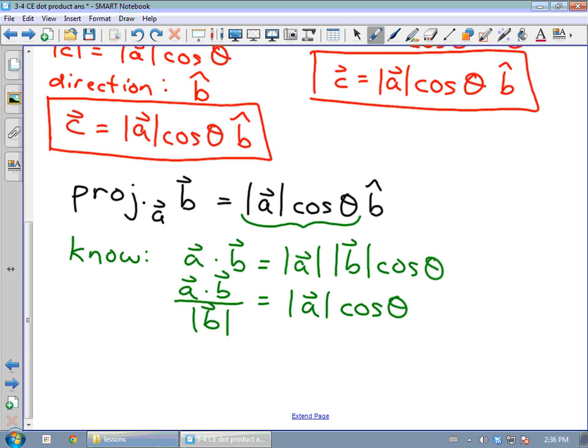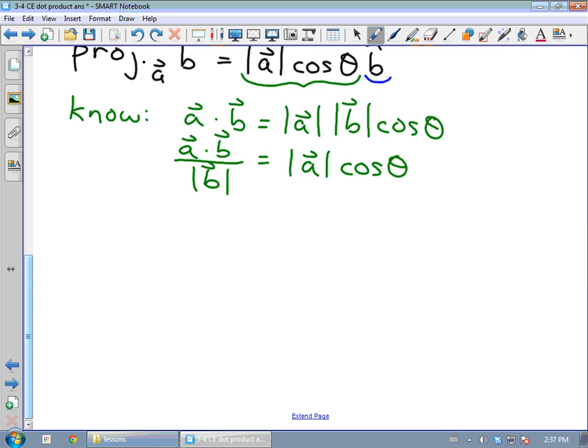The other piece that we have is this B hat here, this unit vector B. So what's another way of calculating this unit vector B? Well, the formula for a unit vector is just your vector divided by the magnitude of your vector.